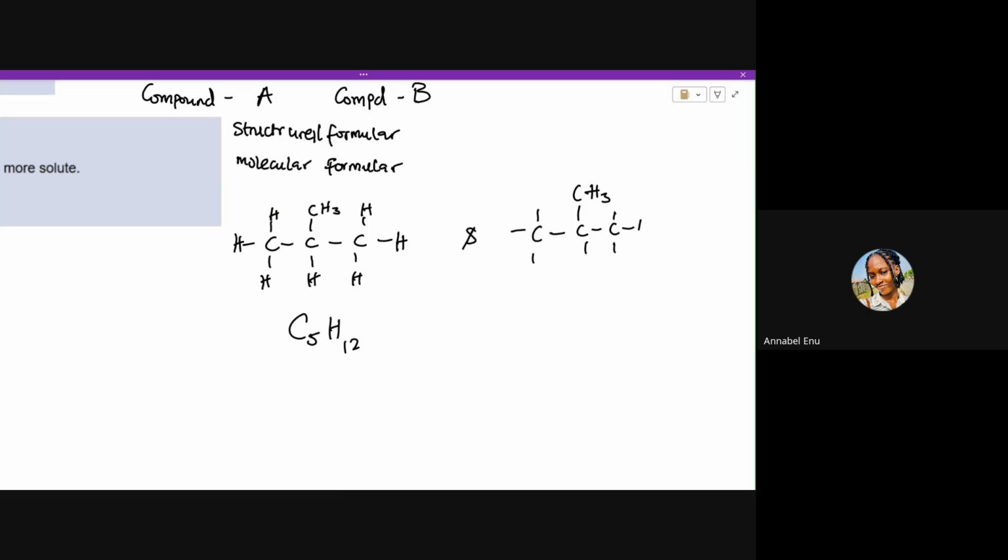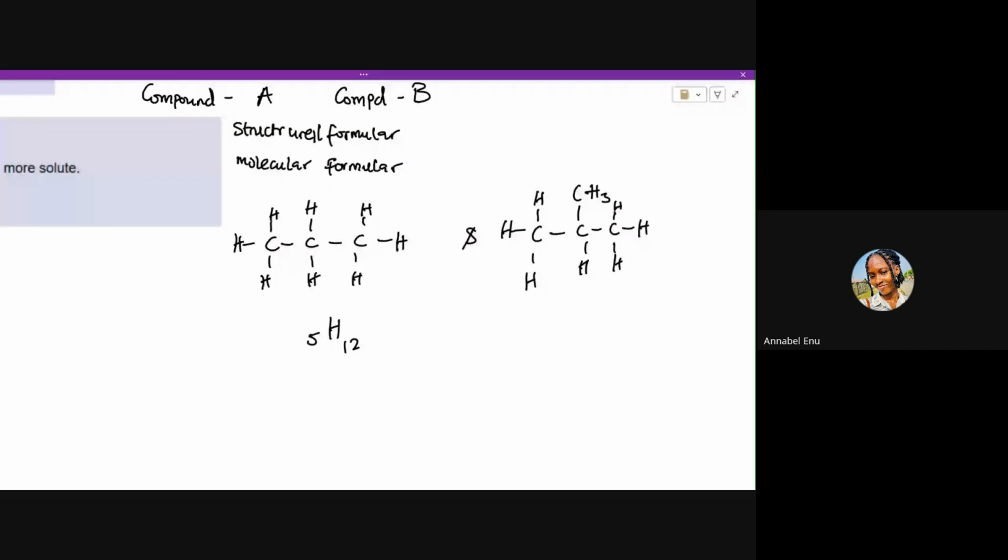So now we have these two structures. This is hydrogen here. Now, if we look at these two structures, they're not exactly the same thing, right?